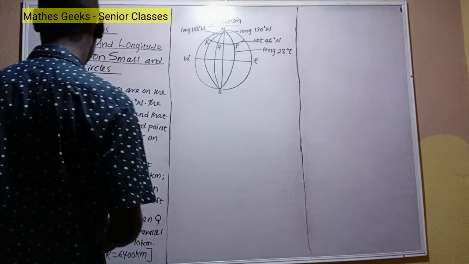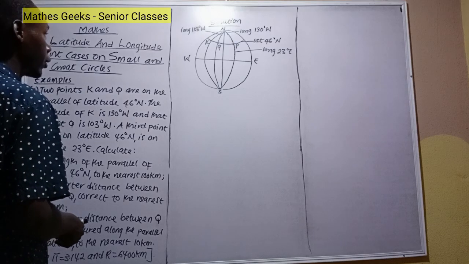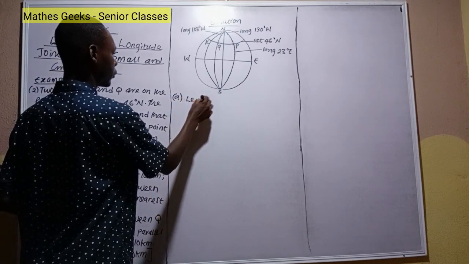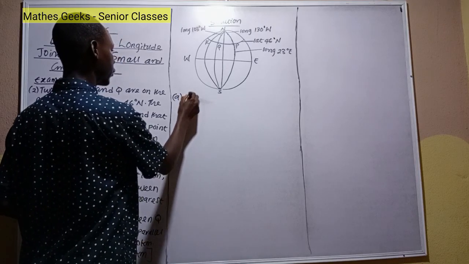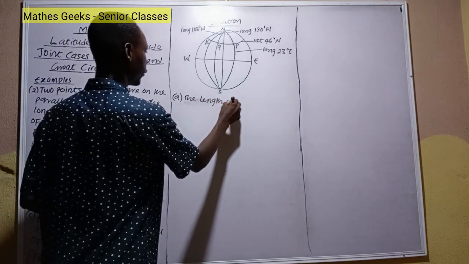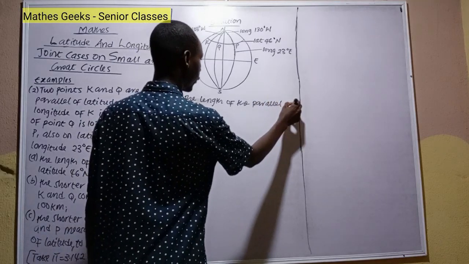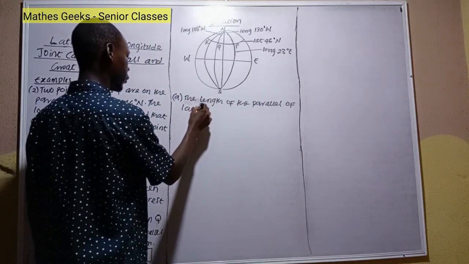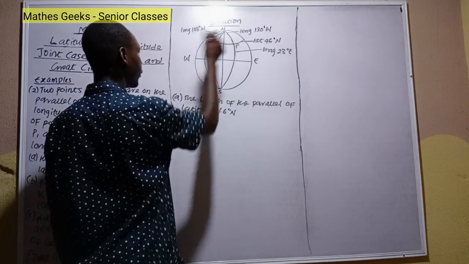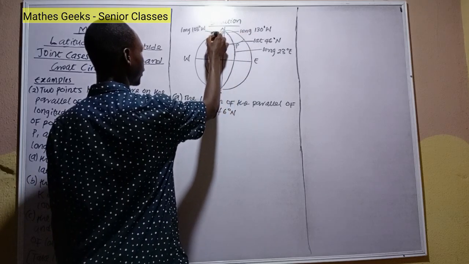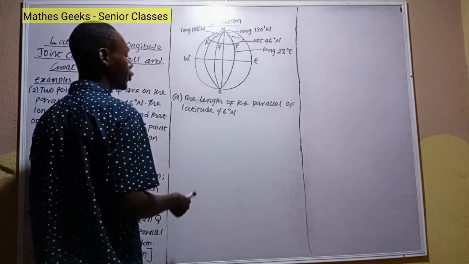Okay, so the question says, A, the length of the parallel of latitude 46 degrees north to the nearest 100 kilometers. When we talk about the length, we mean the total distance around this small circle, which is the parallel of latitude 46 degrees north.